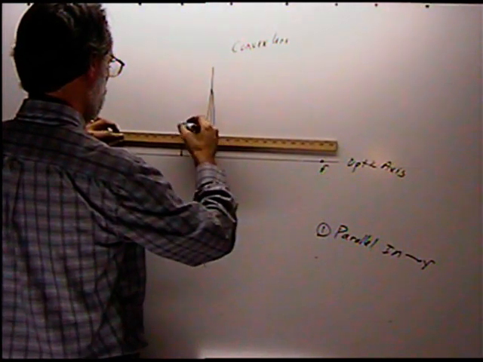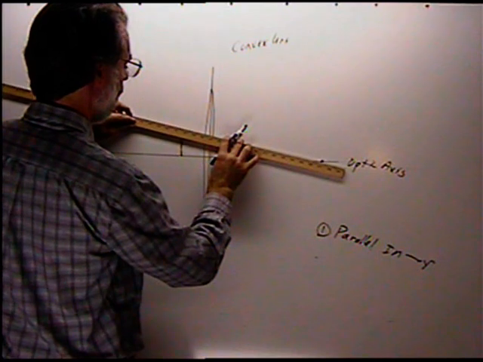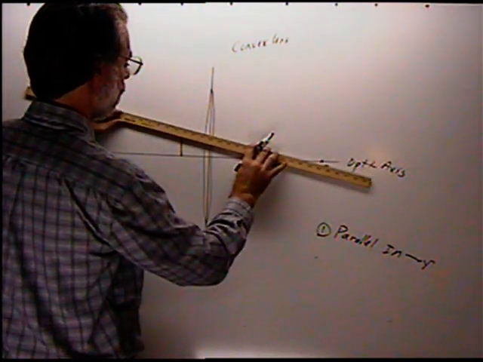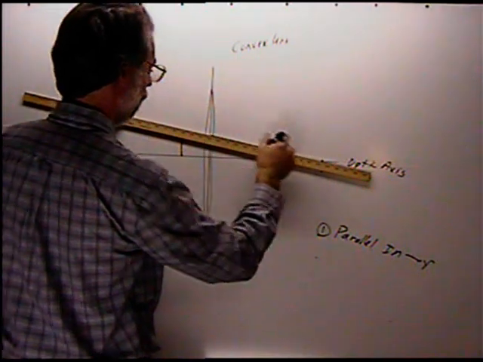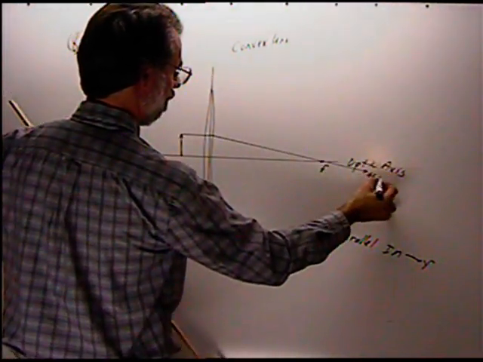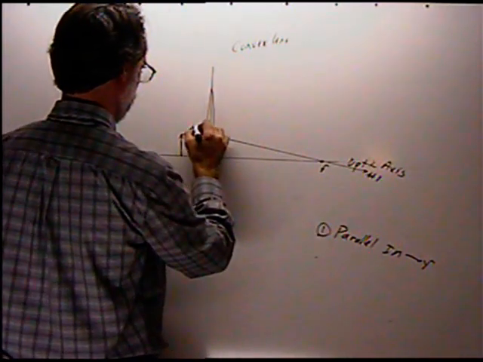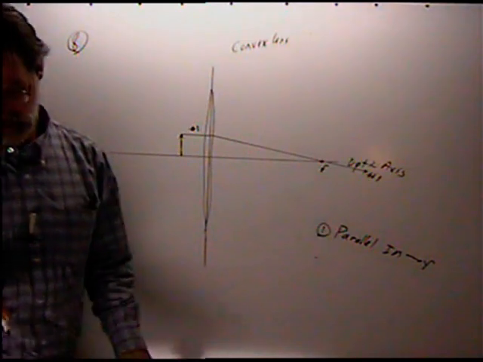If you have a ray that goes parallel in to a convex lens, it bends through the focal point. That's ray number 1.